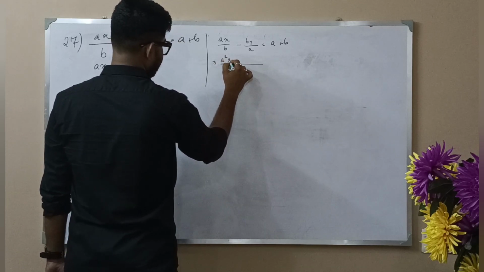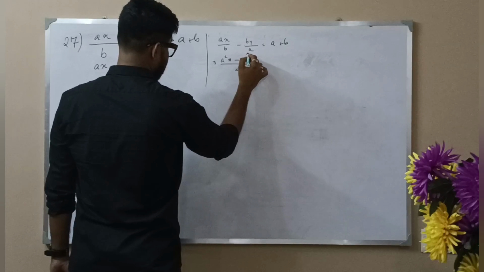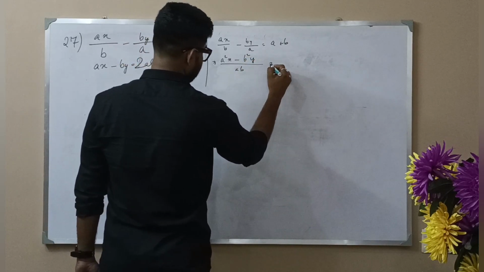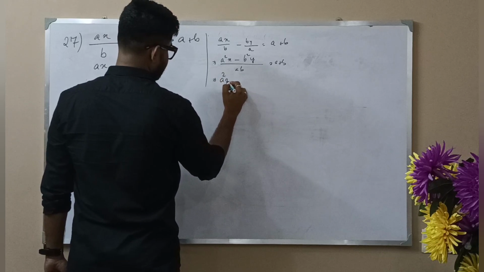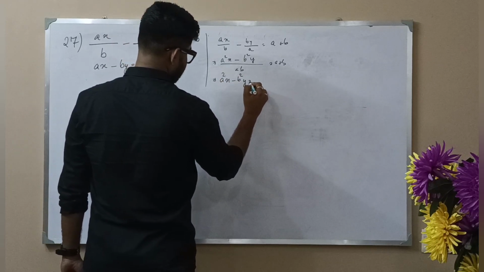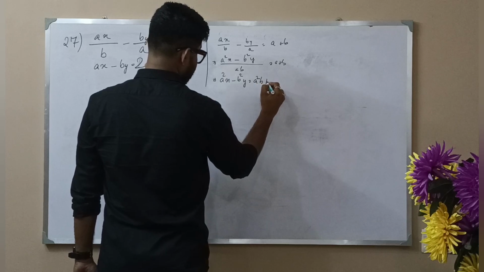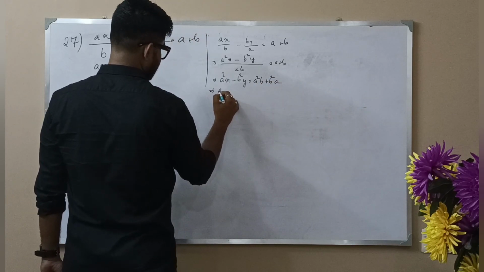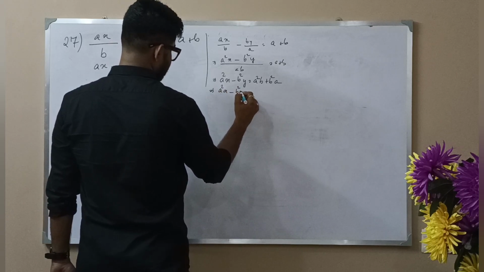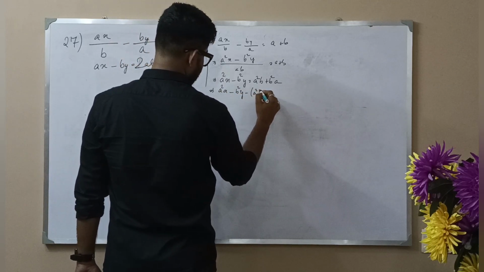So a square x minus b square y equals to a plus b. So a square x minus b square y equals to a square b plus b square a.